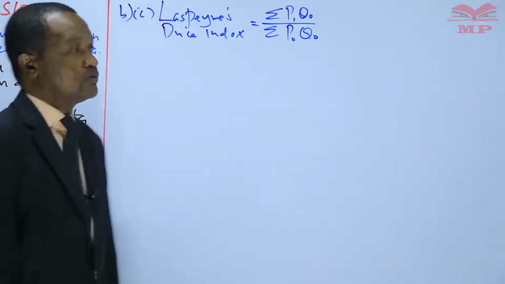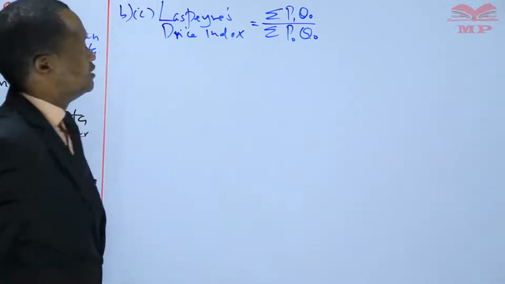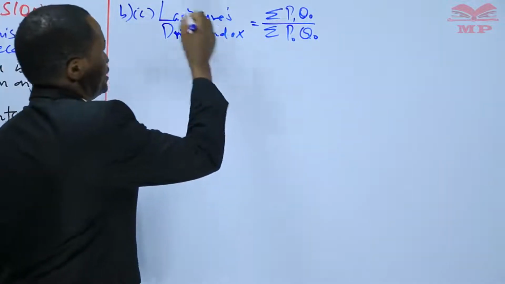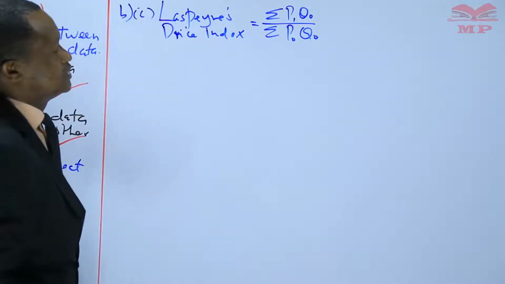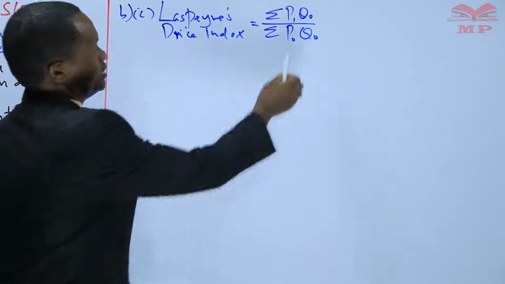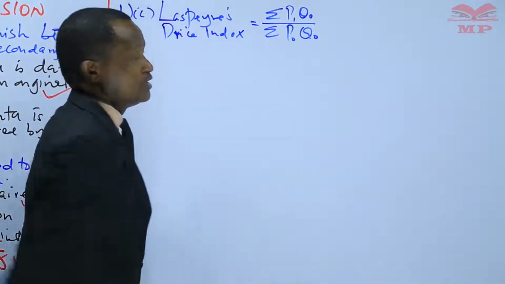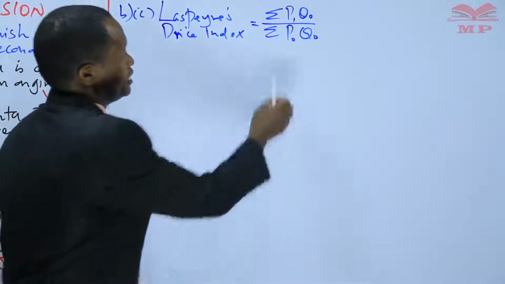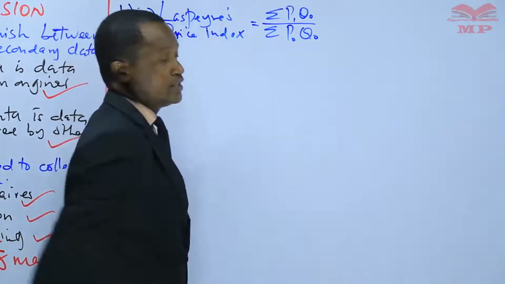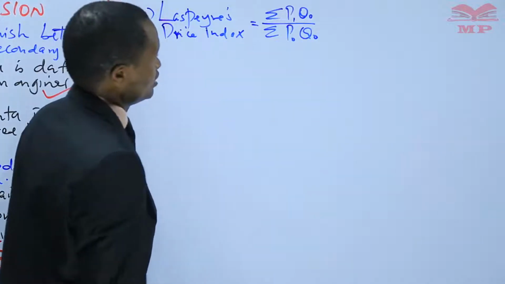That's the formula for calculating the Laspeyres price index, where P1 is the current price, Q0 is the base quantity, P0 is the base price.